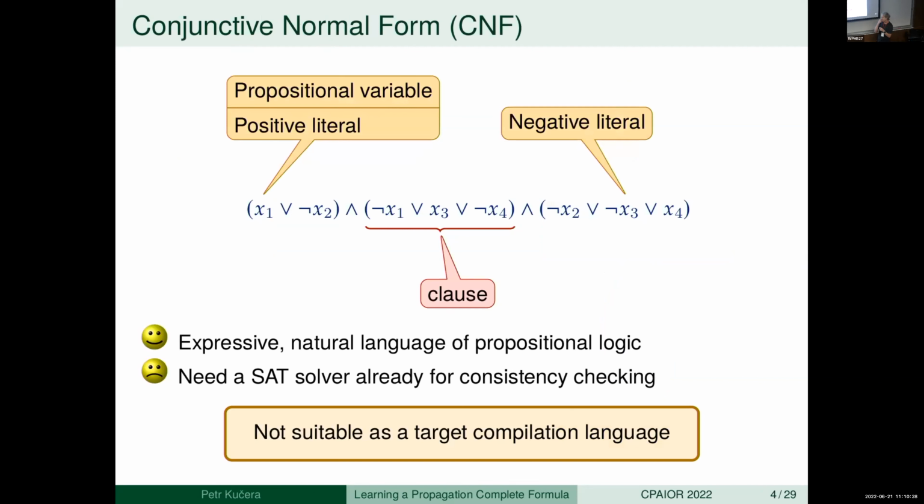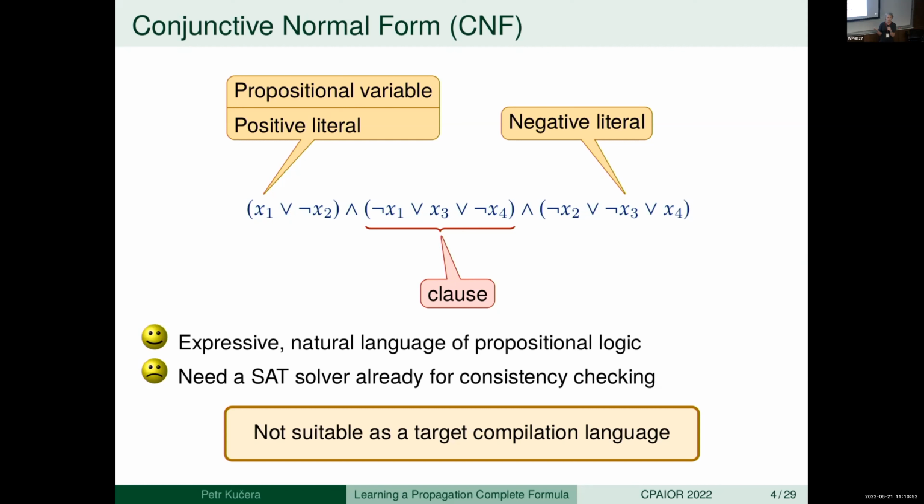So one natural language for propositional logic, I would say, is a formula in conjunctive normal form, which is a conjunction of clauses. Each clause is a disjunction of literals, where a literal is either a variable or a negation of a variable. The advantage of this language is that it's really expressive.